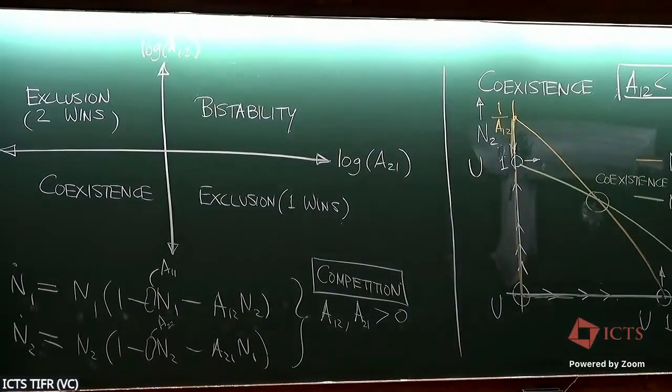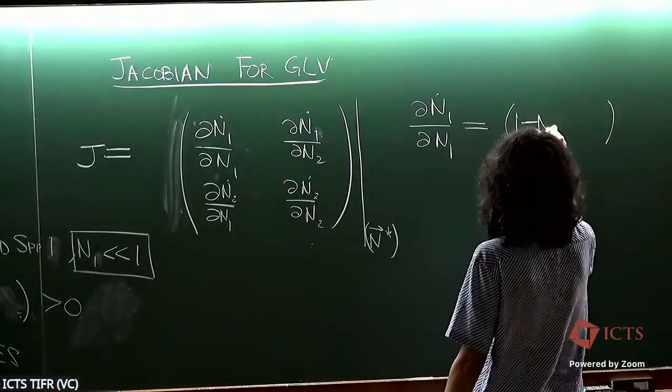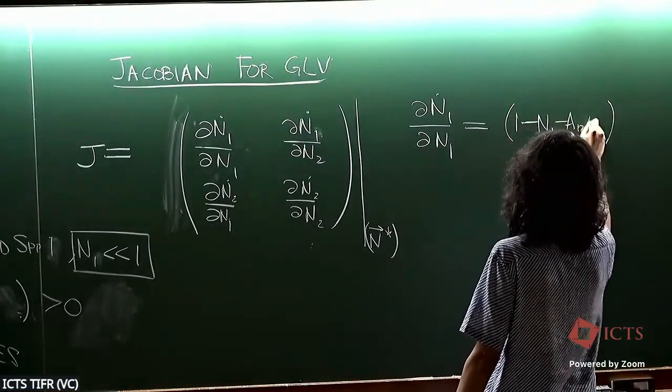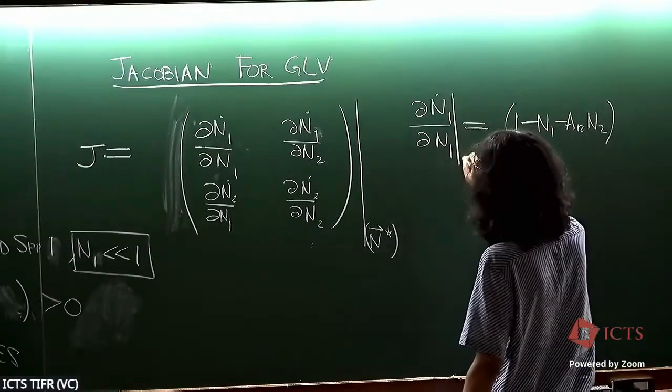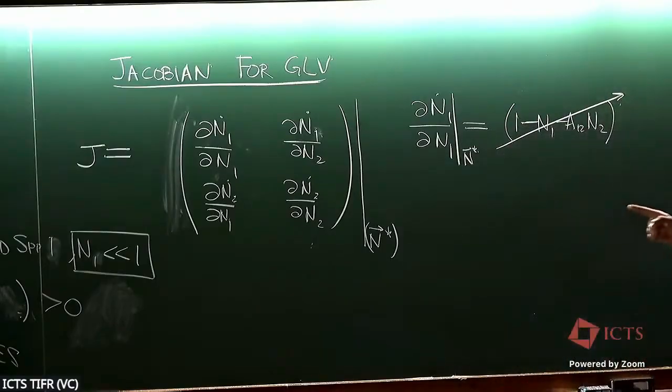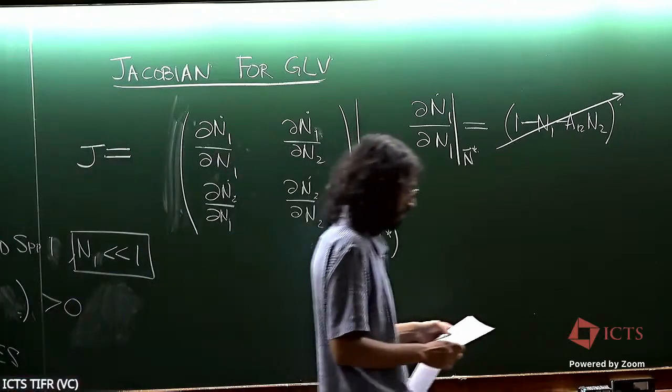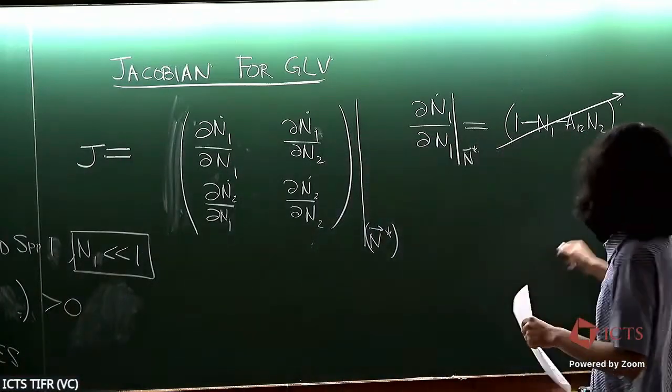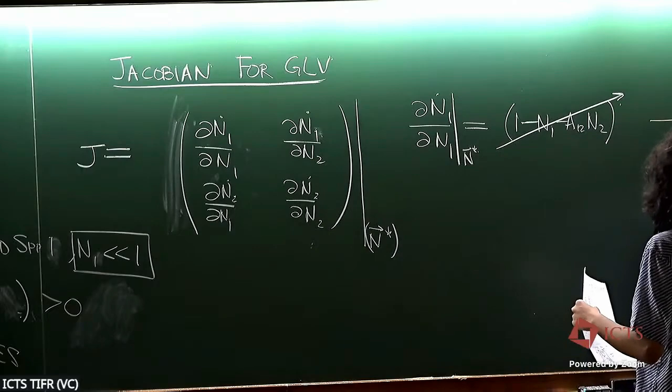So there's one part of the partial derivative, which is that 1 minus n1 minus a1 to n2, which when we evaluate at the coexistence fixed point should give us 0. Is there any other contribution? What's that? Minus n1 star, right? Do people agree? That's also what I got.